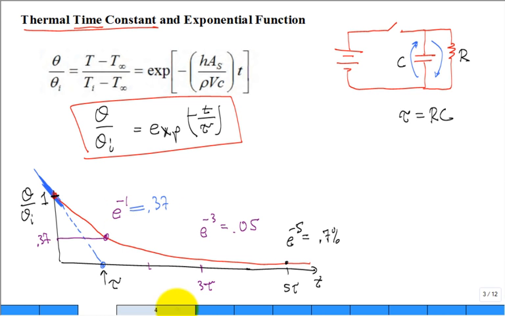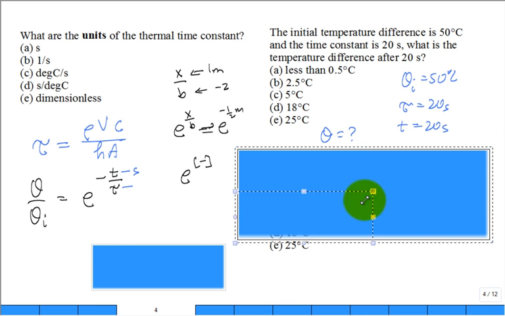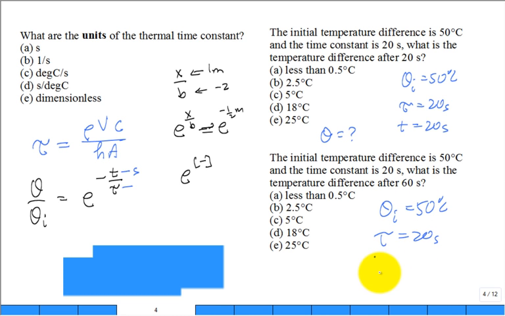You ready for the next clicker question? Not really, huh? The initial temperature difference is the same as the previous problem. The initial temperature difference theta I is 50 degrees C. The time constant's the same, 20 seconds. What is the temperature difference, theta, at a time of 60 seconds?